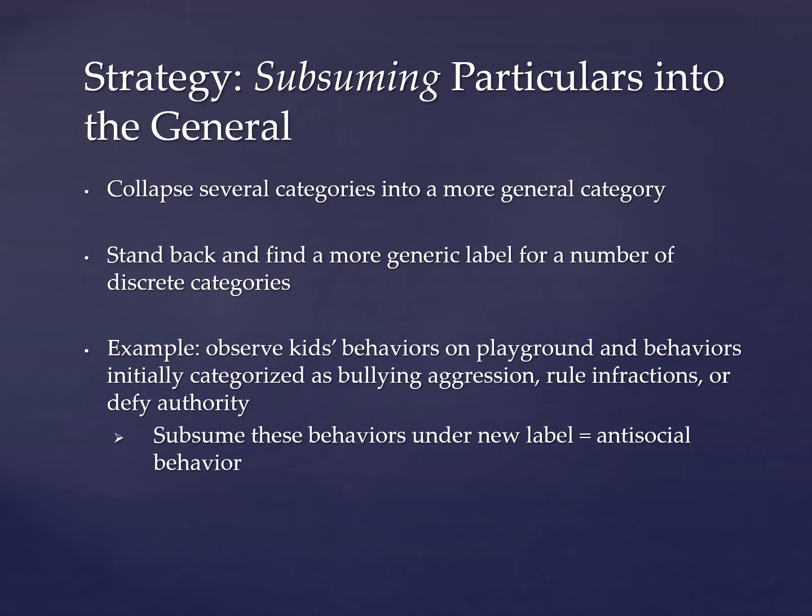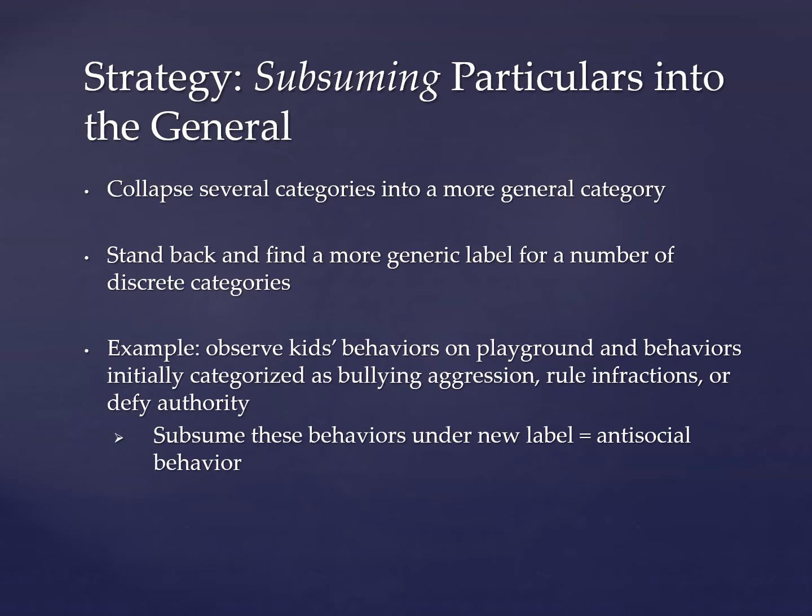And then we're going to identify those patterns and themes and start to make conclusions from that. And then if we look at subsuming particulars into the general, we're going to collapse several categories into one or more general categories. We're going to stand back and find a more generic label for a number of the discrete categories. So we're kind of taking a step back in both ways. So let's look at an example.